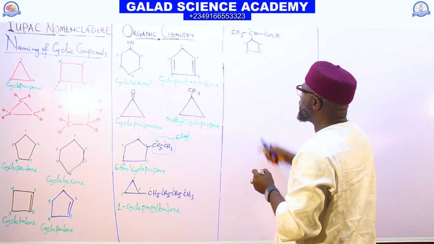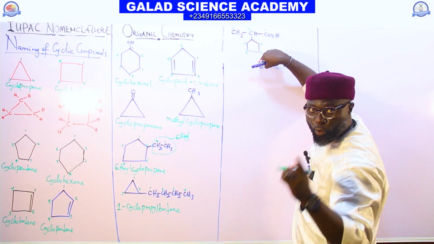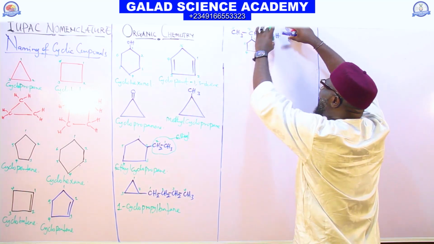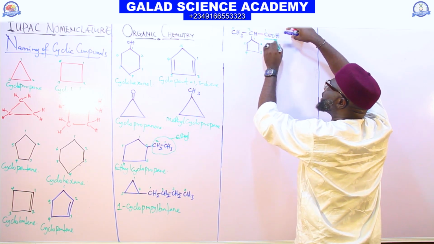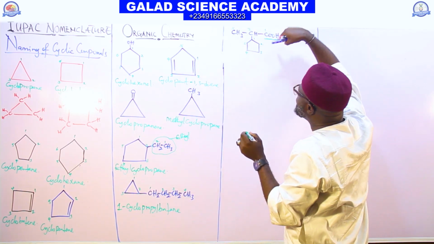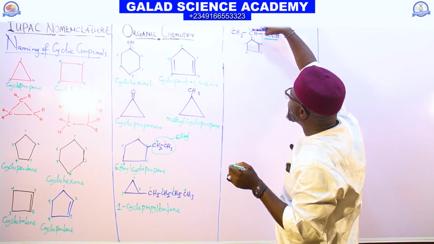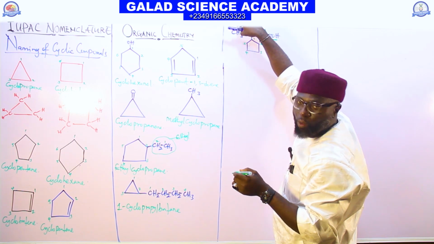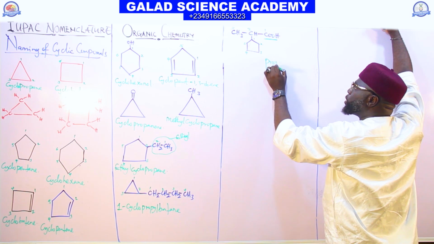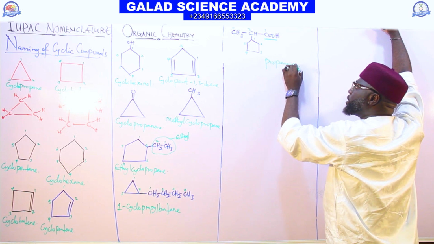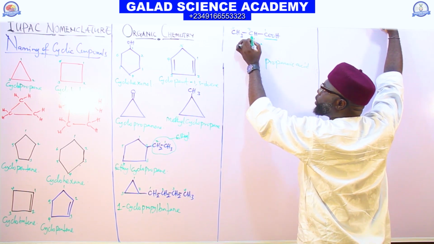If you call this cyclic one a parent chain here, we are in trouble, because the side chain we have here has a functional group, which is carboxylic acid. So with the presence of this carboxylic acid, forget about the least number of carbon atoms. This one that has carboxylic acid must be the parent chain, called alkanoic acid. So this one is now attached to carbon 2.